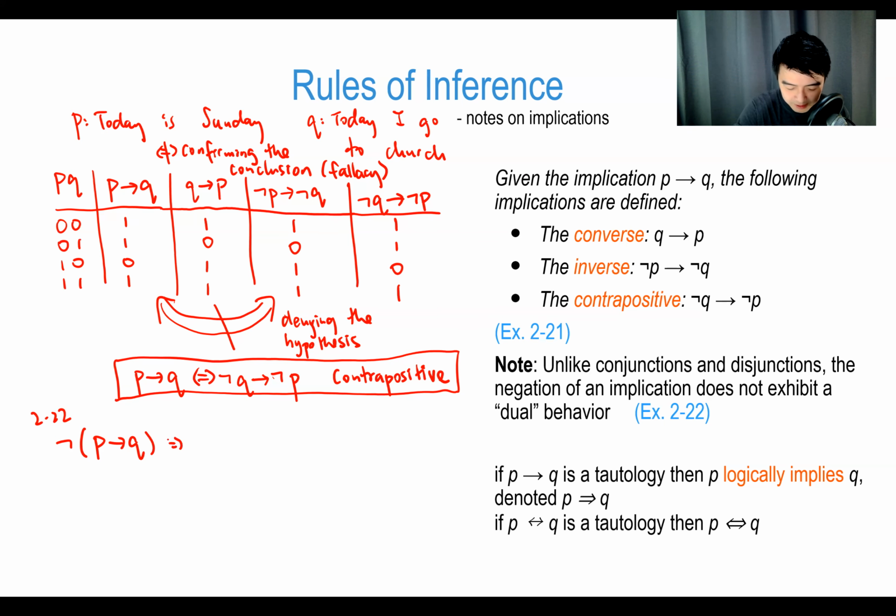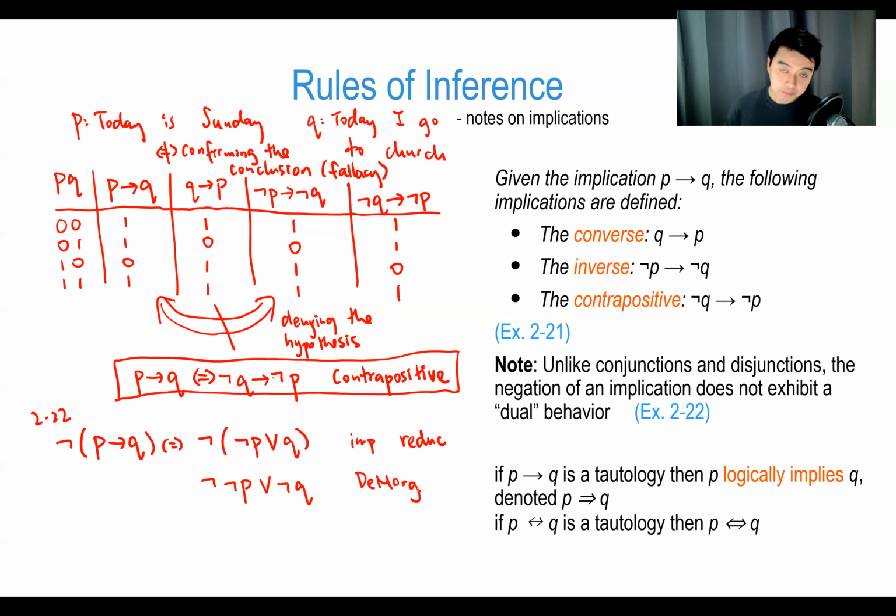We'll find that P implies Q is equivalent to not P or Q. In fact, we drew a table for both sides to indicate that they are equal, and this is called the implication reduction law. It says P implies Q is equal to not P or Q. Now I'm going to distribute the negation inside, so we have not P or not Q, using De Morgan's law.